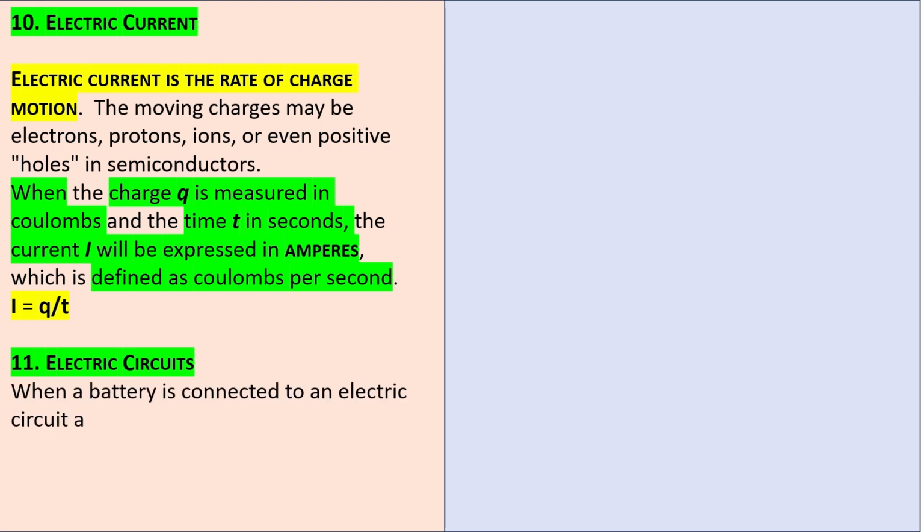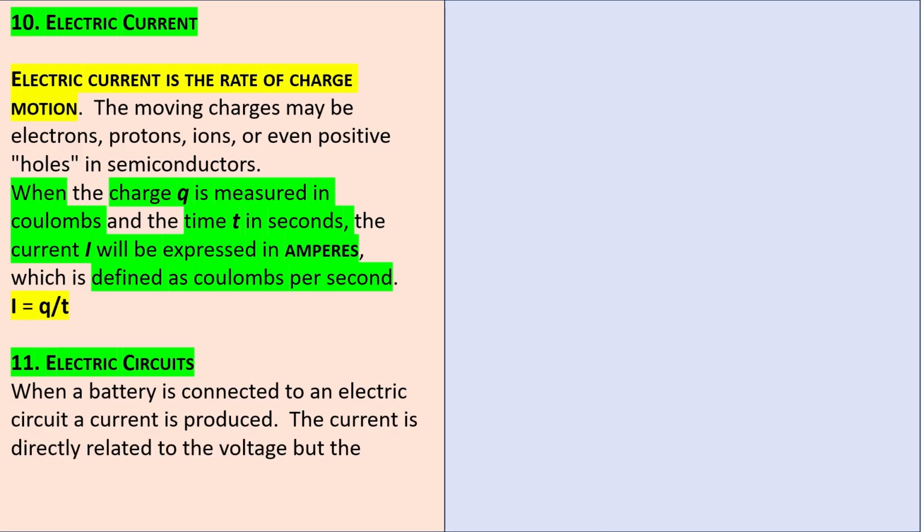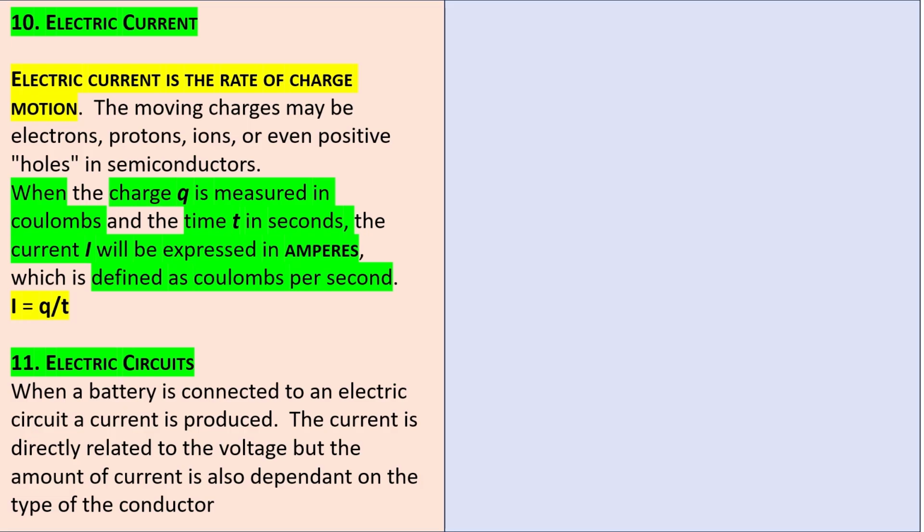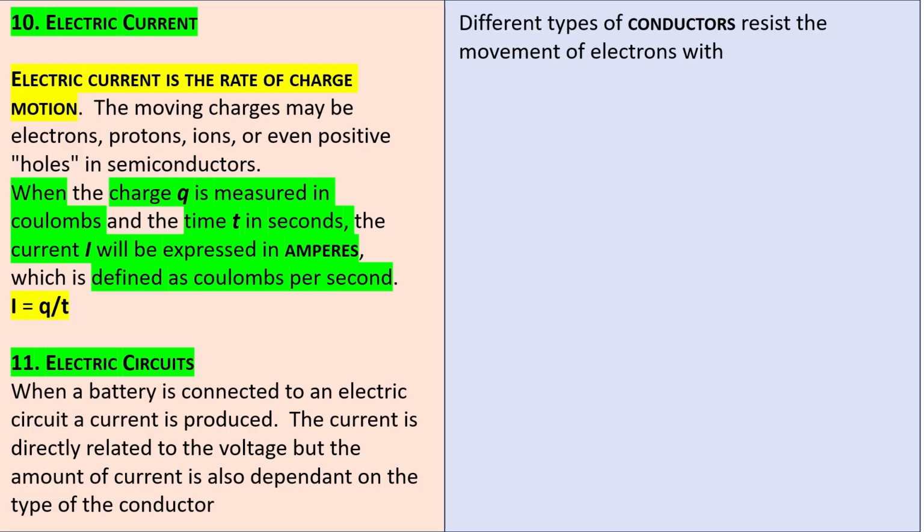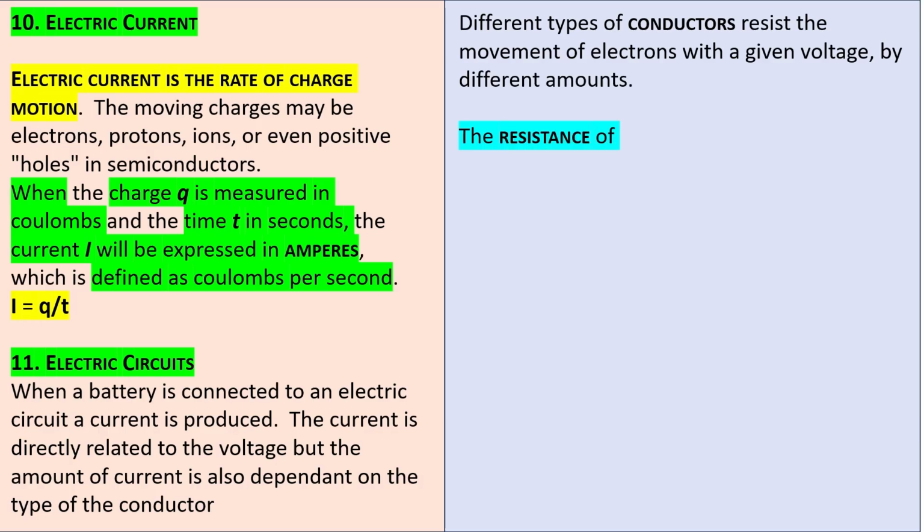Electric circuits. When a battery is connected to an electric circuit, a current is produced. The current is directly related to the voltage, but the amount of current is also dependent on the type of conductor. Different types of conductors resist the movement of electrons with a given voltage by different amounts.